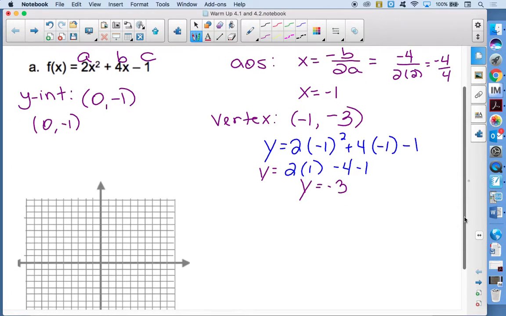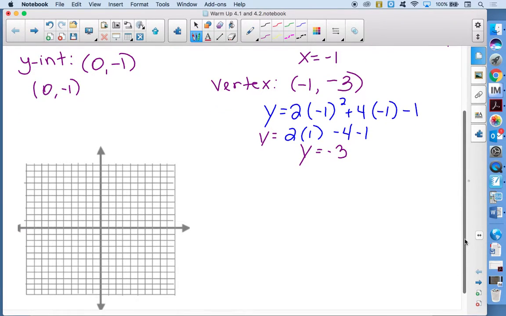So if we go to graph this, graphing the axis of symmetry at -1, the vertex is on the axis of symmetry, but it's down to -3. And then the y-intercept is at 0, -1.